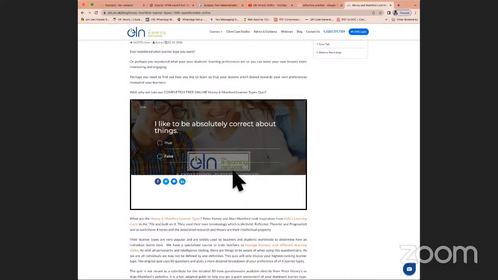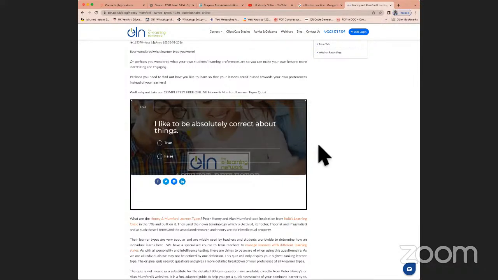This questionnaire you can take any time, as many times as you like. I think this one comprises 40 questions. Kolb's learning cycle has 80 questions, Honey and Mumford about 40 questions. There could be adaptations of this same quiz done in various organizations, but the question types remain the same.